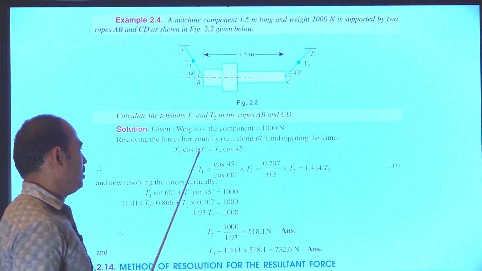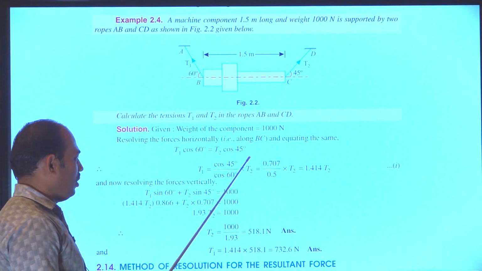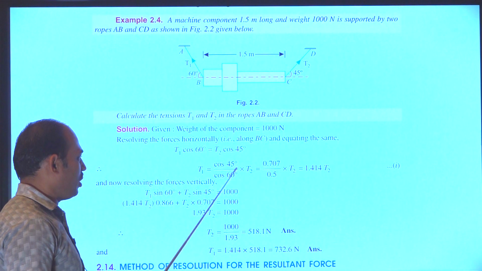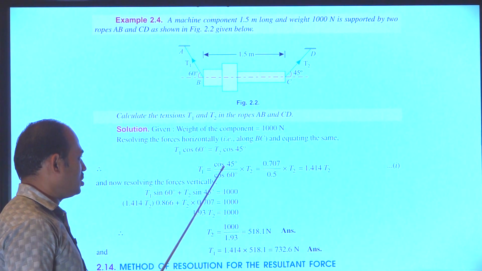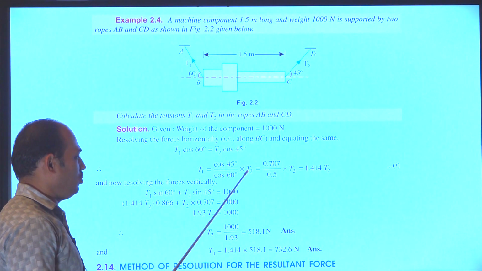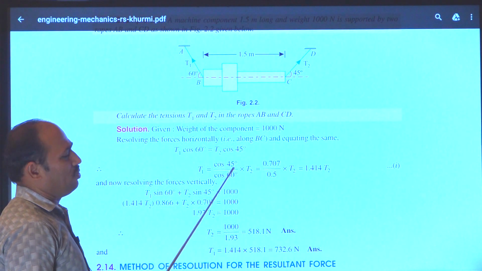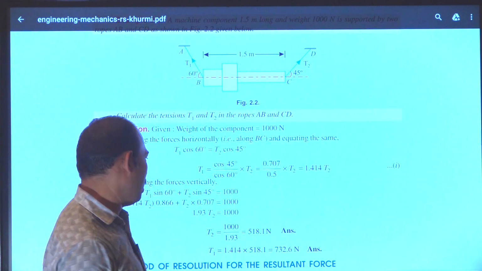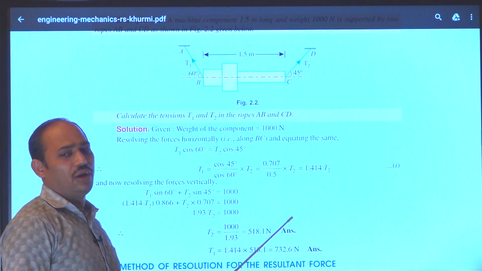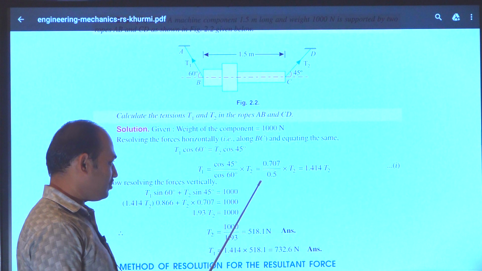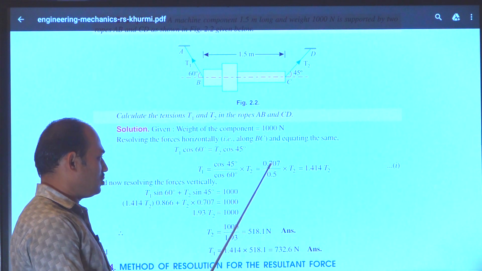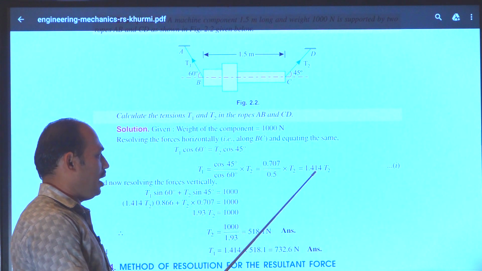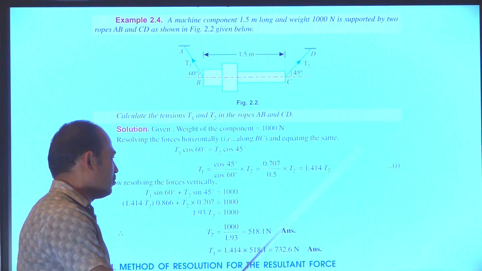The value of cos 45 is 1 divided by root 2, or 0.707, and the value of cos 60 is 1 by 2, 0.5. So 0.707 divided by 0.5 into T2. So T1 is equal to 1.414 T2. This is the first equation.